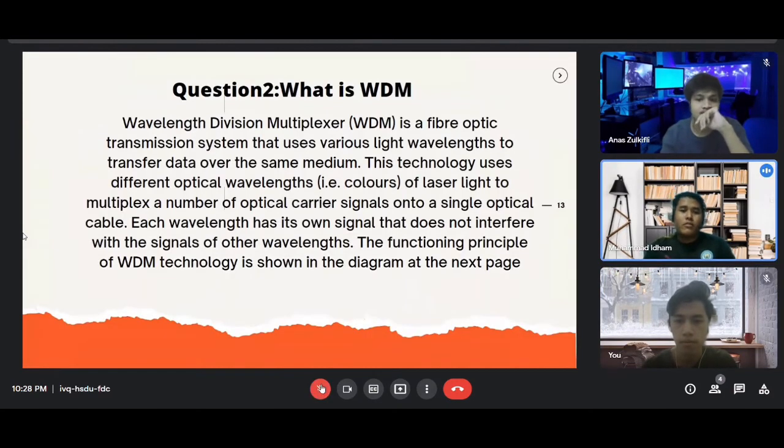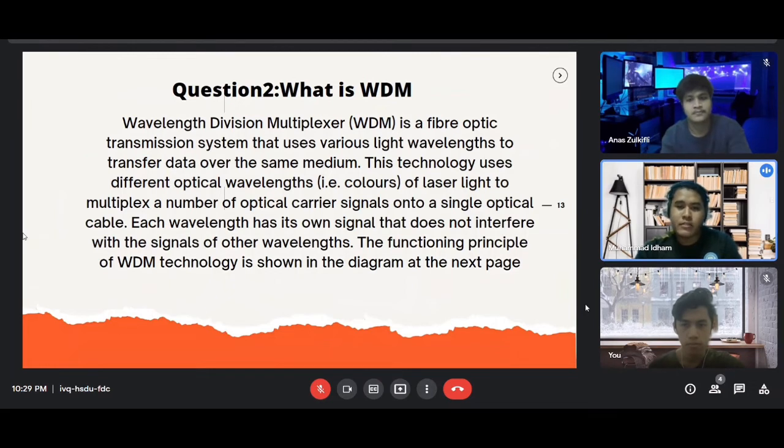Okay, so for question 2, I will explain about this. What is WDM? Okay, WDM is a wavelength division multiplexer. It is a fiber optic transmission system that uses various light wavelengths to transfer data over the same medium. This technology uses different optical wavelengths.